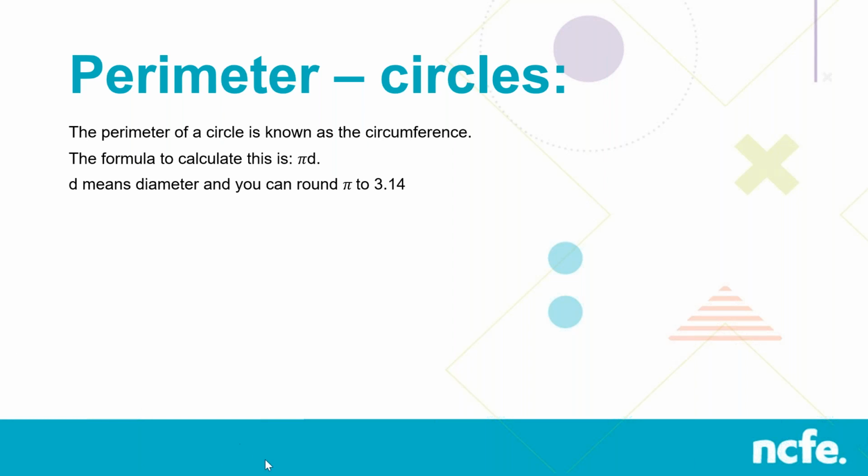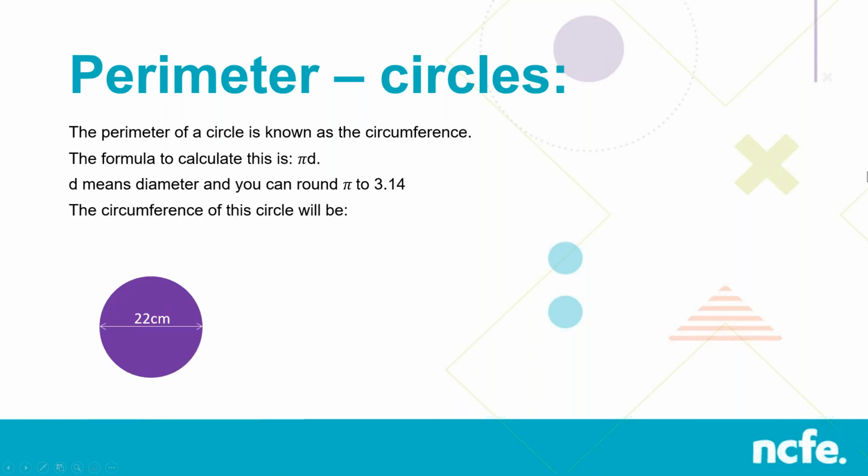So the circumference of this circle, with a diameter of 22, would be 22 times 3.14, which gives 69.08 centimetres. And remember, we can use a calculator for all of the legacy assessments. So 3.14 times 22 equals 69.08 centimetres. That is the perimeter or the circumference of this circle.